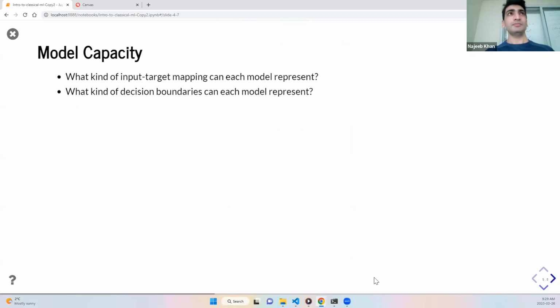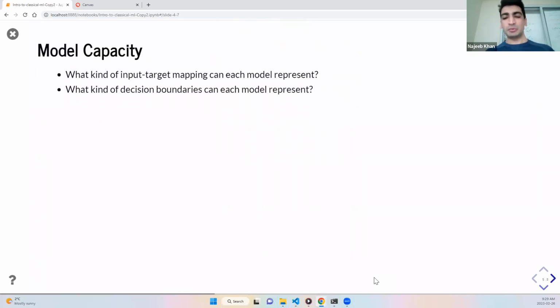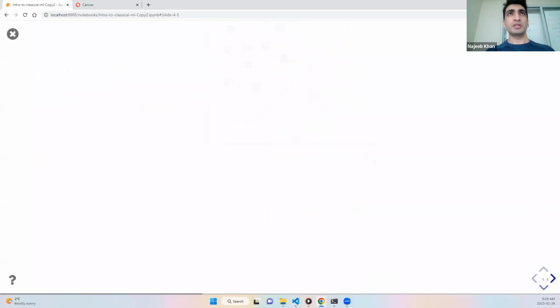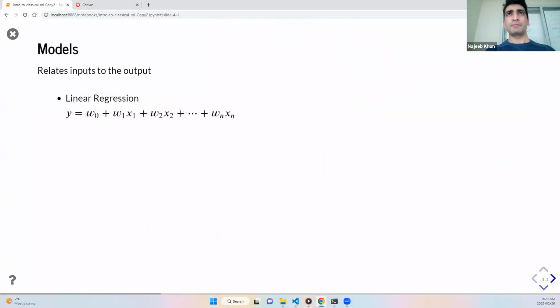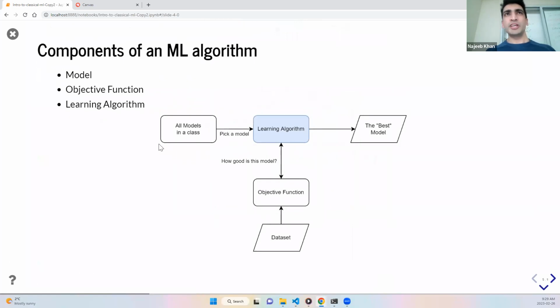But going back to the slide with an overview, we have been looking at this part: linear regression class, logistic regression class, decision trees, SVMs, neural networks.